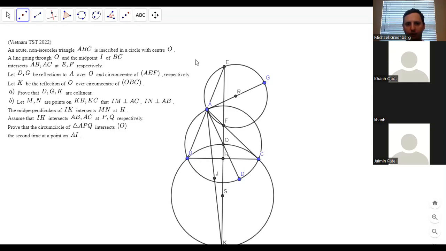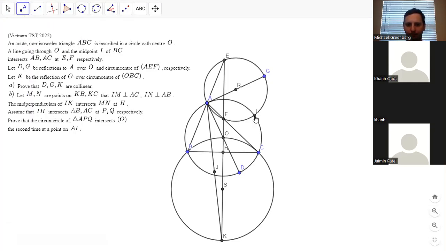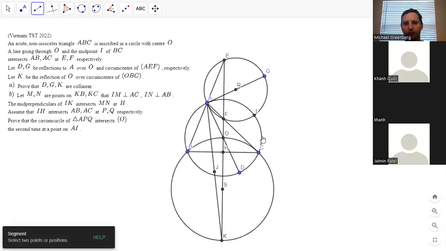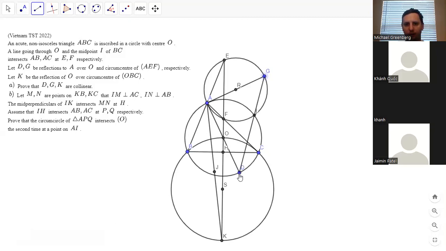We can show that DG passes through the intersection of R and O. Okay, yeah, and that would also solve it. Well, no, that wouldn't solve it. That's just something that we know. We know those three are collinear. And maybe from that, we need to prove that LB passes through K.